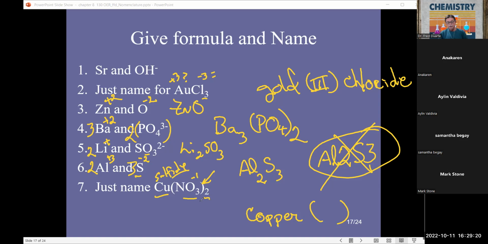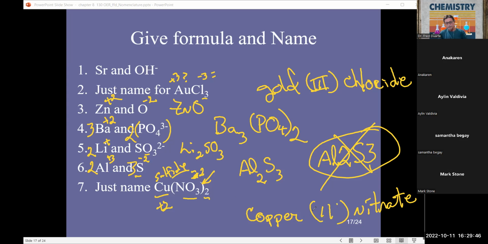There's 2 of them. So we've got a total of -2 for both of the nitrates, which infers automatically that the copper here must be in the +2 state to balance off the -2 brought to you by each -1 of the nitrates.